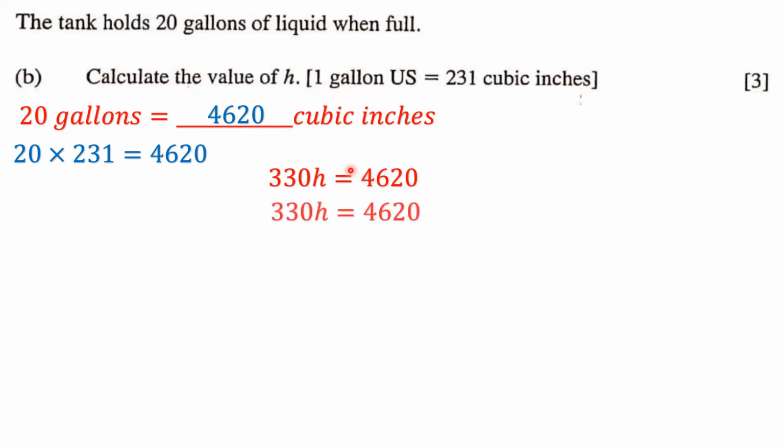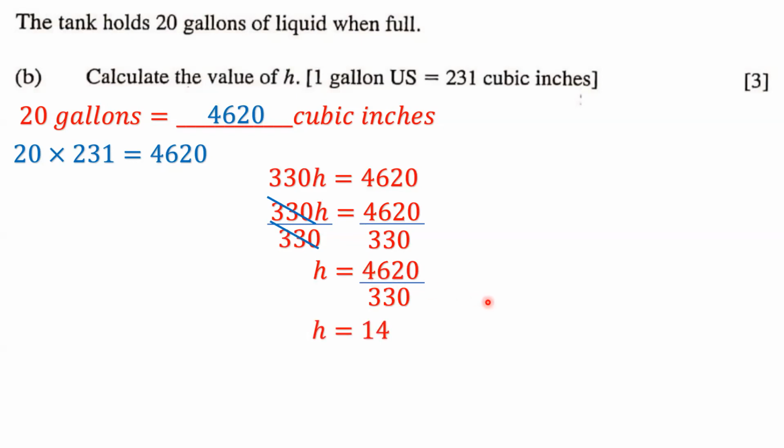We divide both sides by 330, cancel the 330s, and we're left with h equal to 4,620 divided by 330. Our answer is 14. So that means the height is 14.